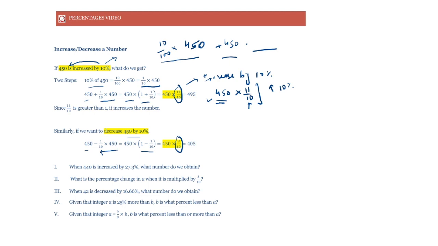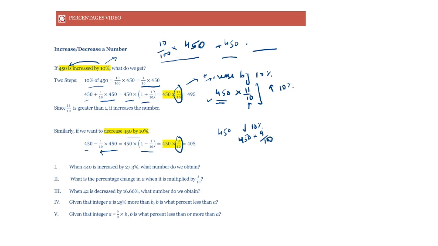So our multiplier, in case we want to decrease 450 by 10%, will be 9 by 10. So we'll multiply 450 with 9 by 10, and this will decrease the value of 450 by 10%.